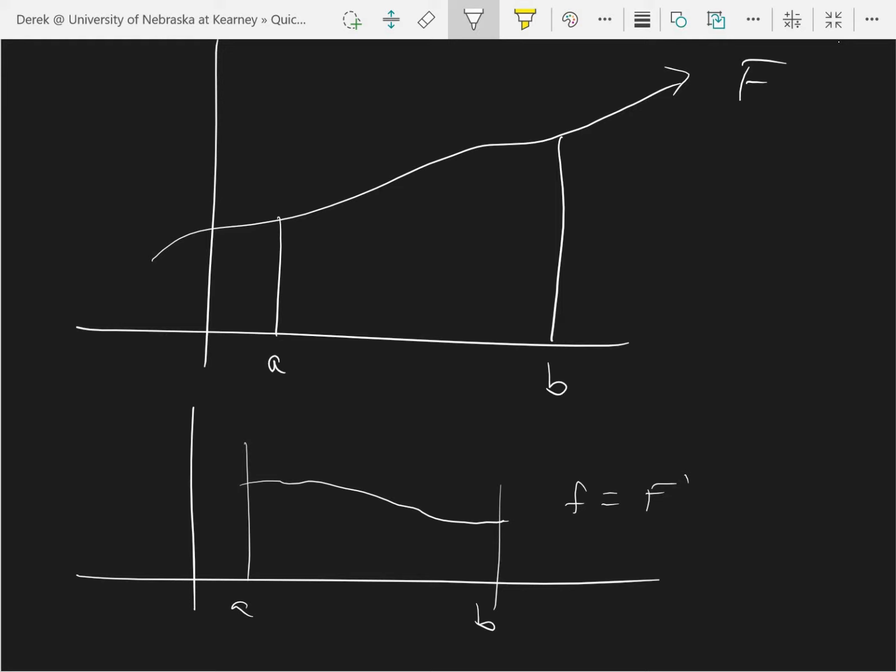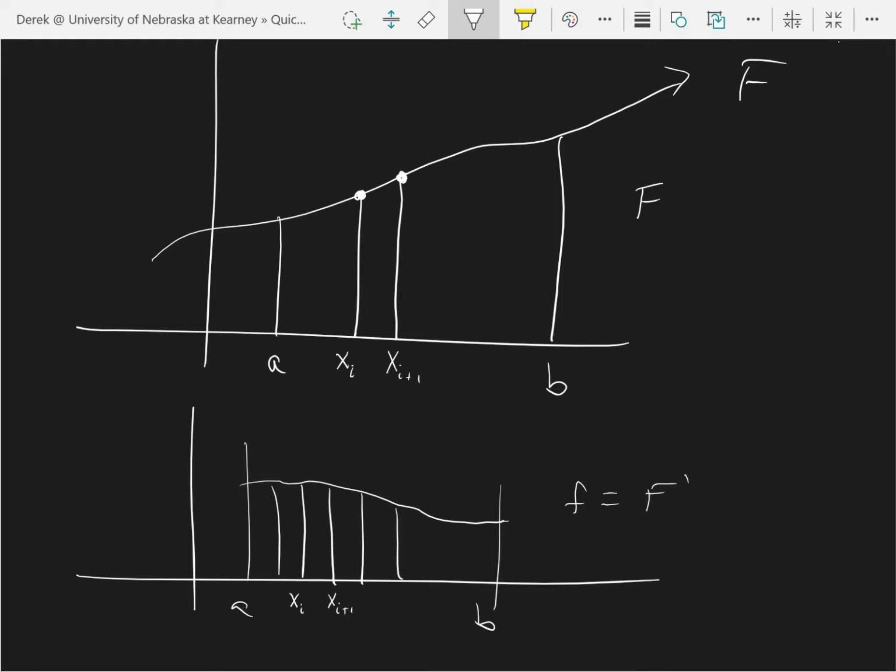Alright, so what we're doing is we're adding up pieces in the partition. So say here's xi and here's xi plus 1, and if I look at a similar piece in here, xi and xi plus 1, I can see the value of this versus the value of that.